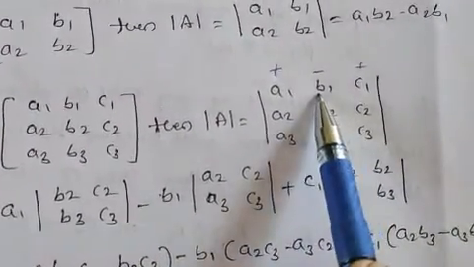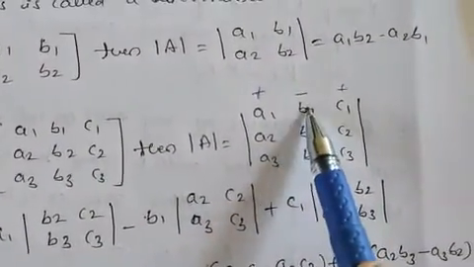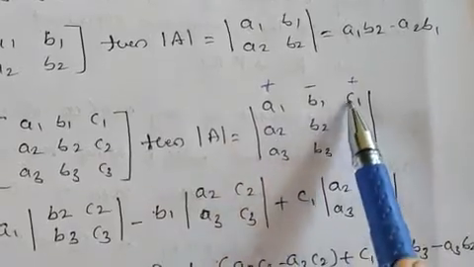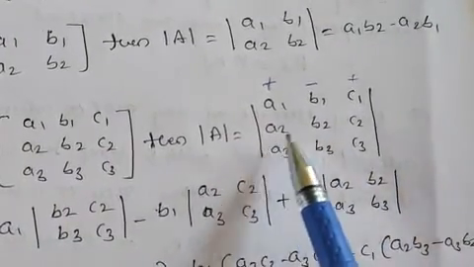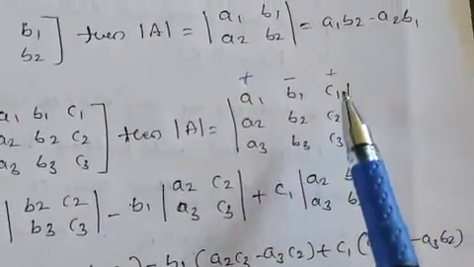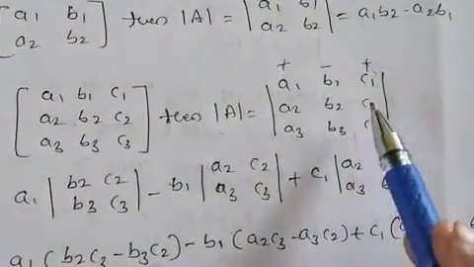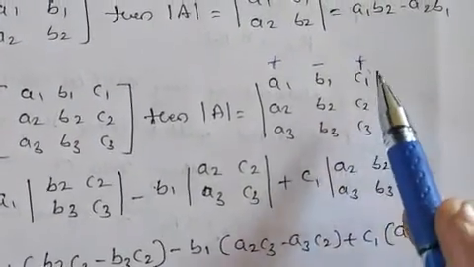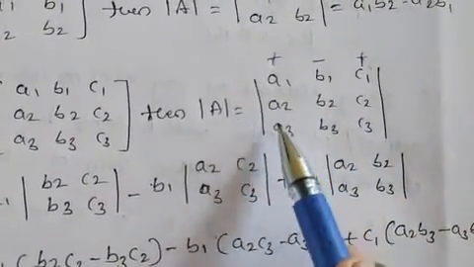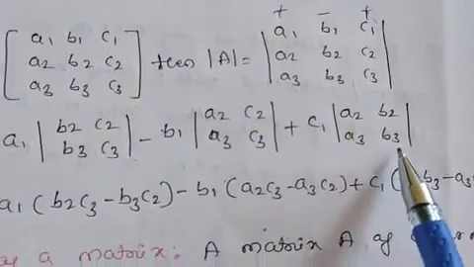The next is minus b1, leave its column and row, and write the remaining elements, that is a2, c2, a3, c3. The next element is plus c1, again leave its column and row and write the remaining elements, that is a2, b2, a3, b3.